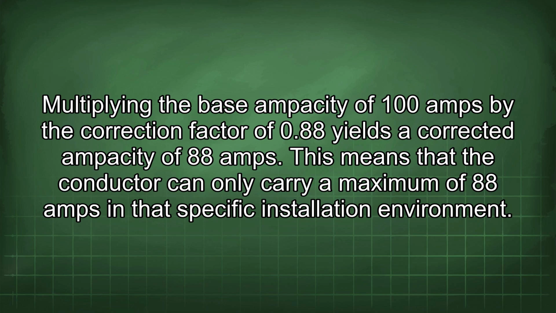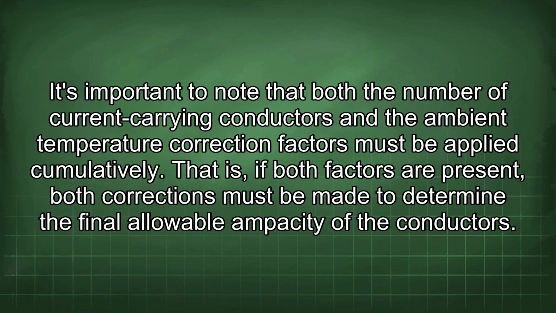This means that the conductor can only carry a maximum of 88 amps in that specific installation environment. It's important to note that both the number of current carrying conductors and the ambient temperature correction factors must be applied cumulatively. That is, if both factors are present, both corrections must be made to determine the final allowable ampacity of the conductors.